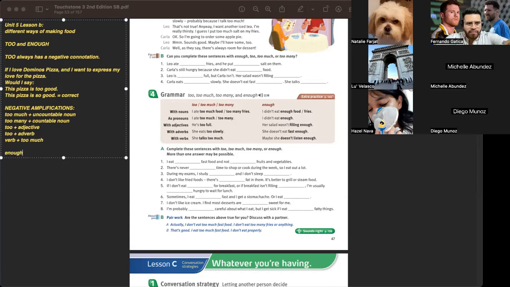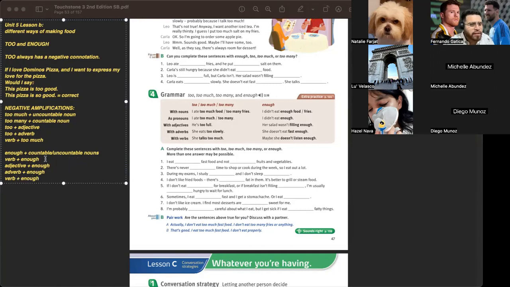Next, we could use enough with countable or uncountable nouns. Then verb plus enough, adjective plus enough, adverb and then enough, and verb and enough.